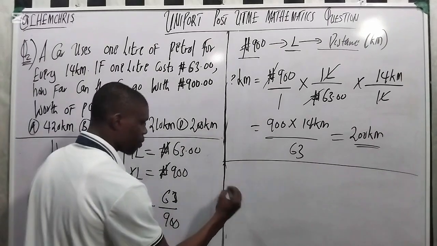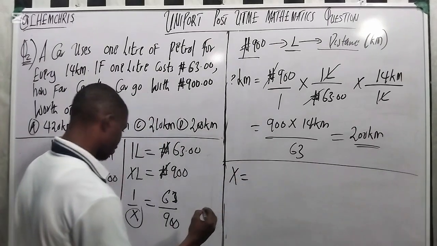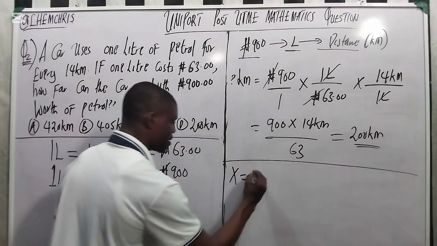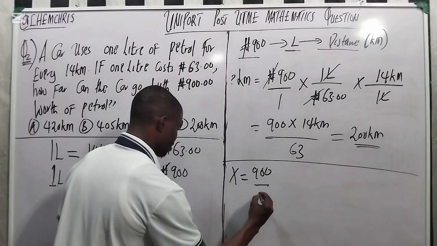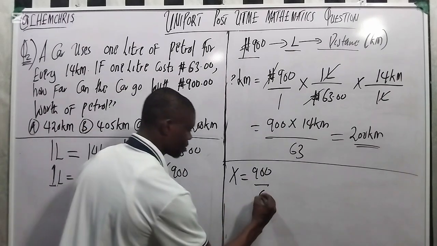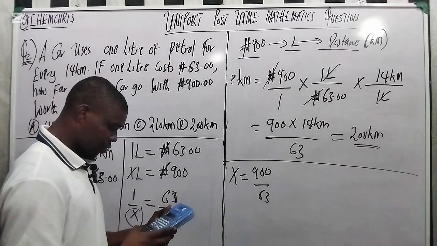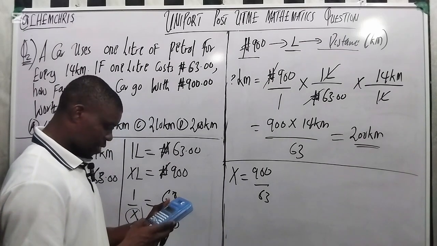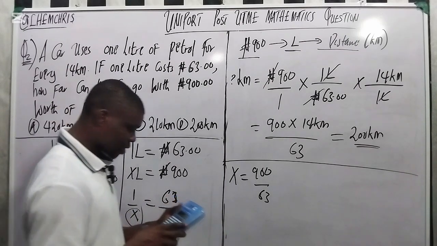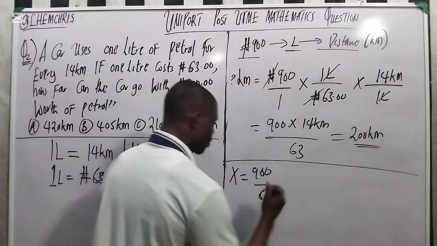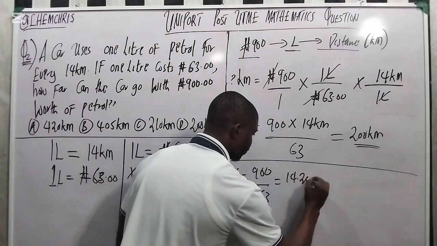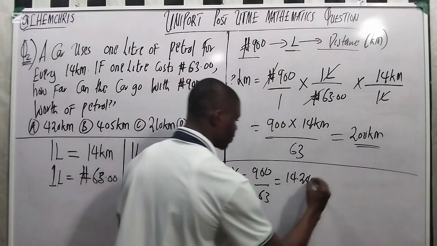So my X now is equals to 900 over 63. What are you going to get? 900 divided by 63. Here we have 14.24, right? Which is going to be the liter.